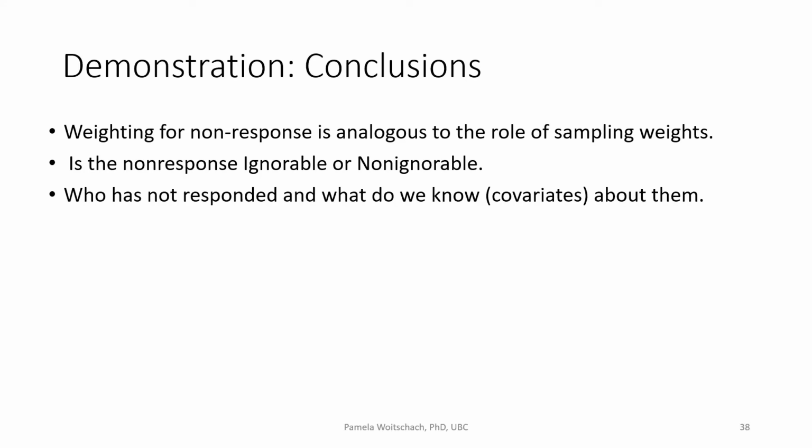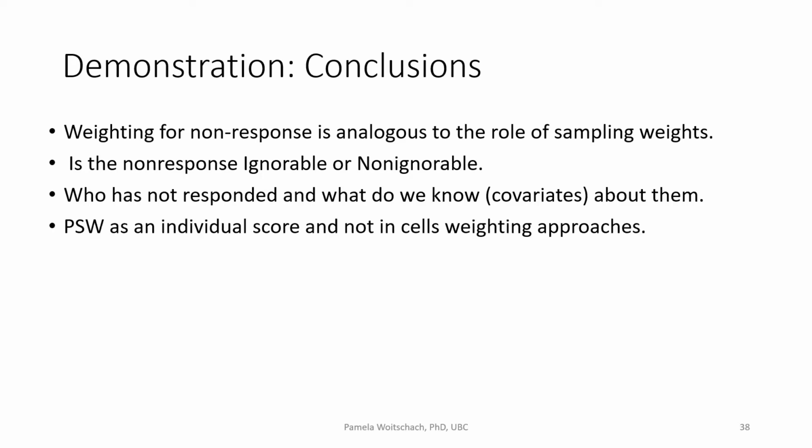What we know about our respondent groups is now more important than ever, and it can allow us to stop ignoring non-response and start building response or non-response models. As we specified in some part of the webinar, when working with cells, it's particularly important to count with enough information on every type of subclassification.